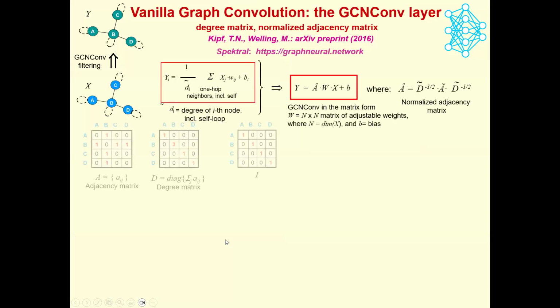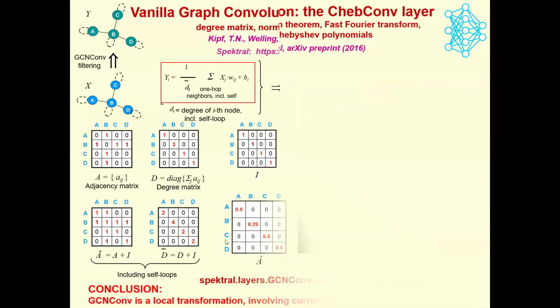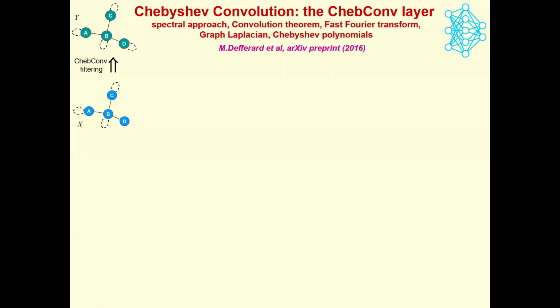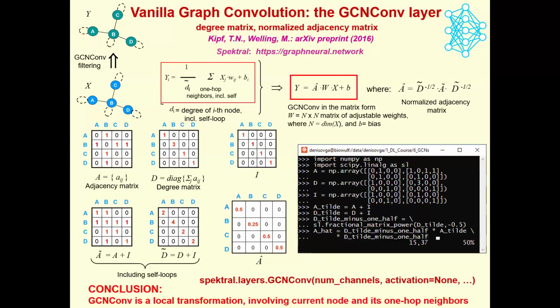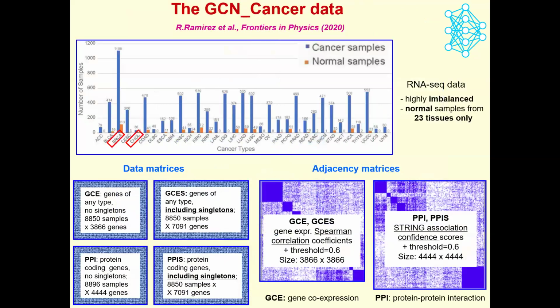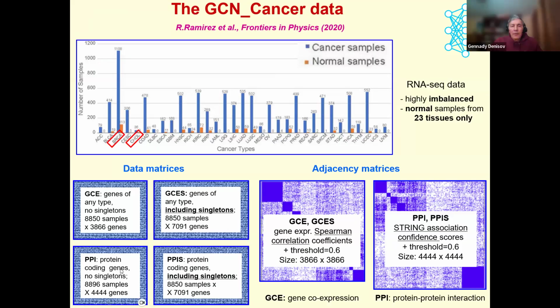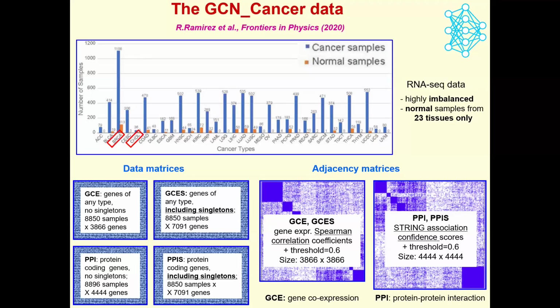Just to follow up on that question, was there any instance in which the data matrix was the expression data, while the adjacency matrix was built off PPI? The question was whether it is feasible to use the gene expression data as the data matrix and the PPI as the adjacency matrix?